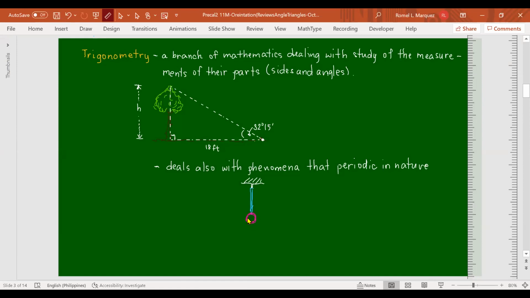So this is the bob. Now, once you push it, it will keep on moving repeatedly, no? So the motion can be described by an equation involving trigonometric functions, like for instance, sine or cosine.